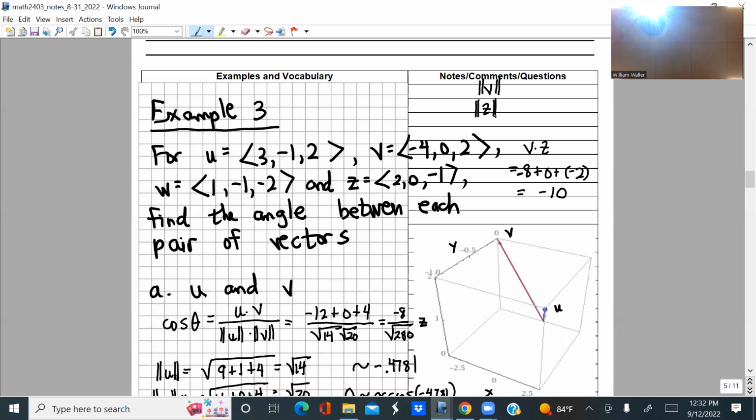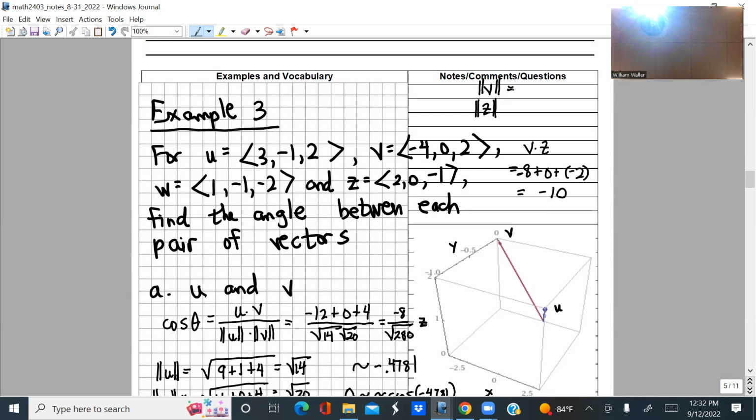What's the cosine of 180? -1, right? So I want the dot product divided by the product of the magnitudes to turn out to be -1. Well, the numerator is -10, so that's good. So I want the product of these two magnitudes to be 10, so that I'll end up with a quotient of -1. It's going to be positive because the magnitudes are both positive, so when you multiply them, you'll get a positive quantity. The question is, does it just turn out to be 10?